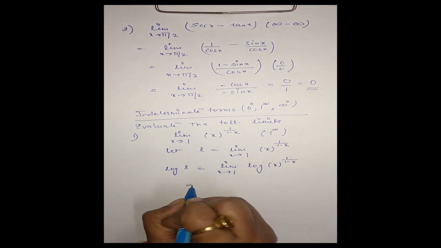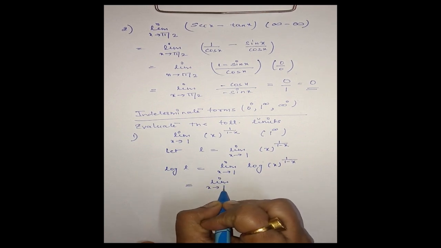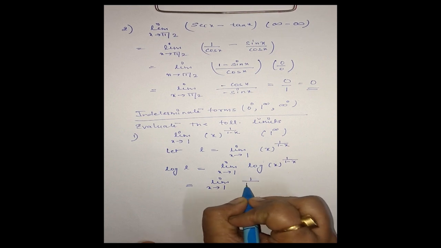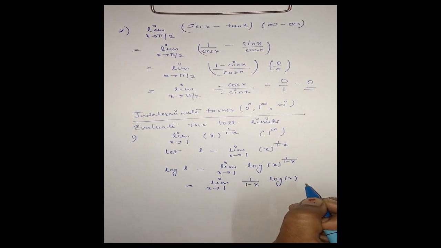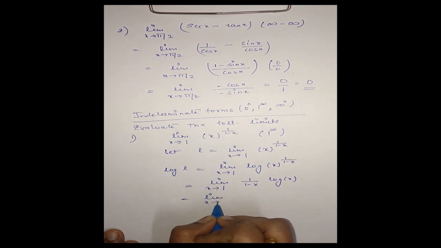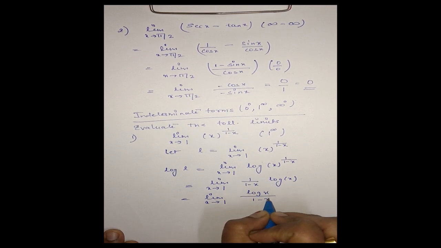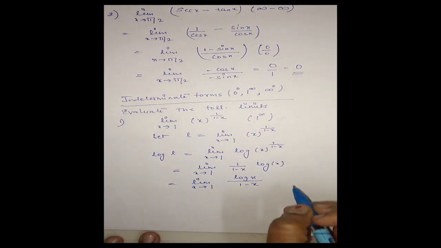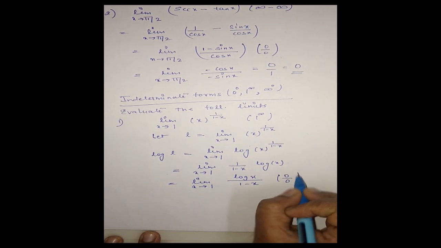Now this can be written as limit x tending to 1, 1 upon 1 minus x log x. That is, this is limit x tending to 1 log x by 1 minus x. Okay, now log 1 is 0 divided by 1 minus 1, that is 0. This is 0 by 0 form.